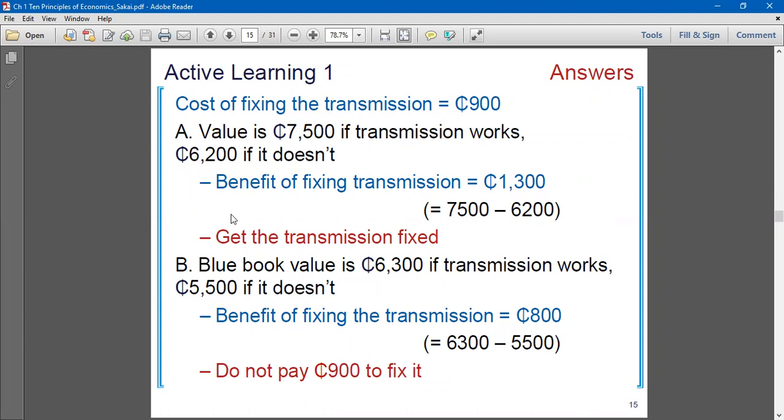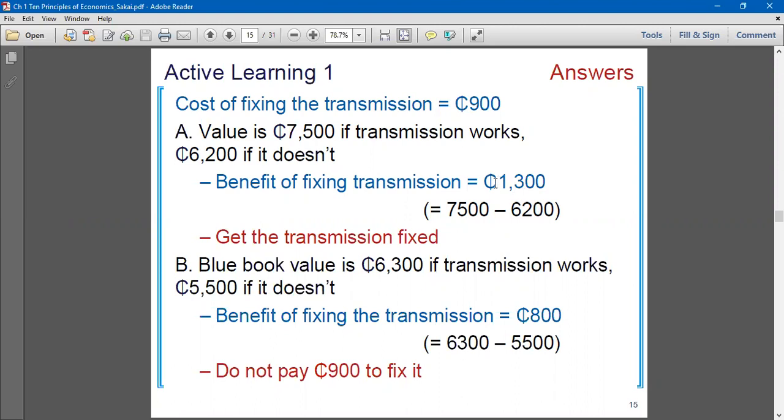So what is the benefit of fixing the transmission? It's 7,500 minus 6,200, because if you fix the transmission, you sell it for 7,500, and if you don't fix it, you get 6,200.